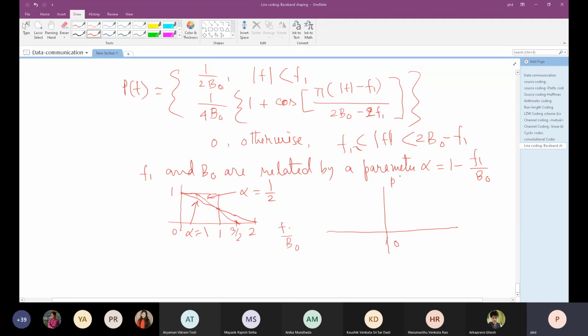Correspondingly, our p(t), that waveform, will be modified. So alpha equal to 0 is this.